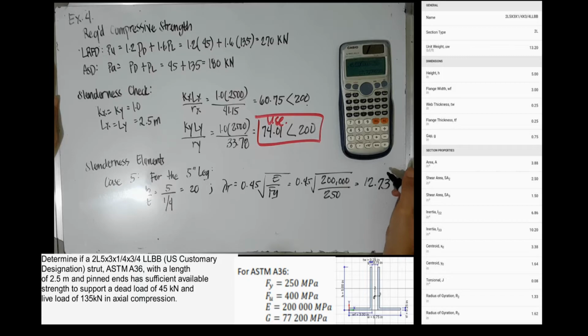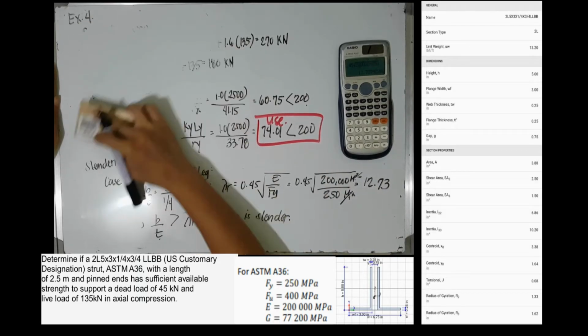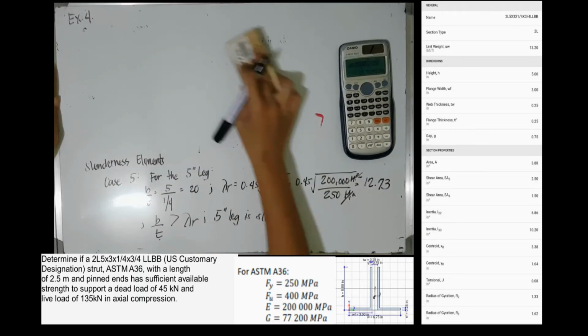So it is equal to 12.73. So the width thickness ratio is greater than our limiting slenderness parameter. So the 5 inches leg is slender.